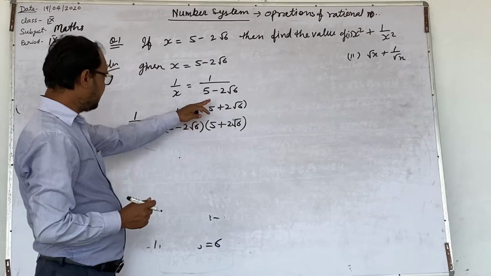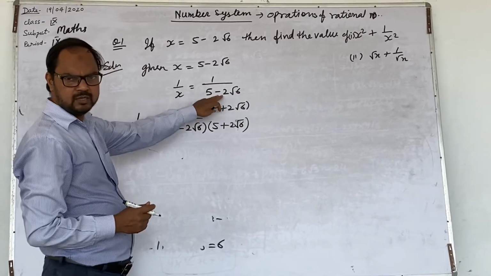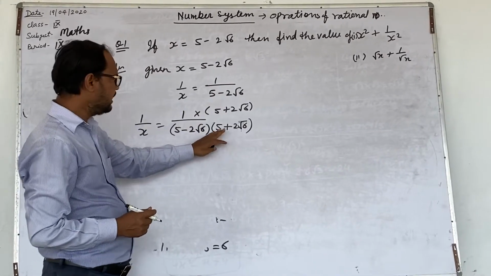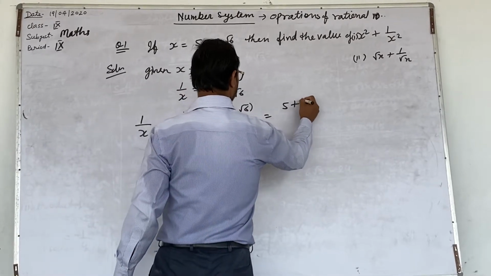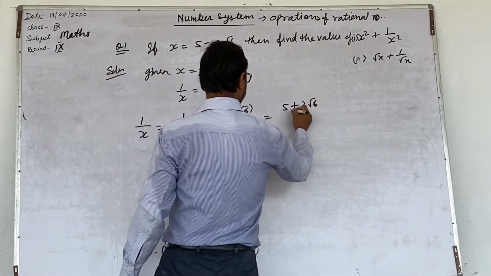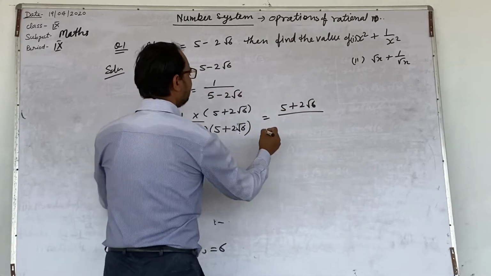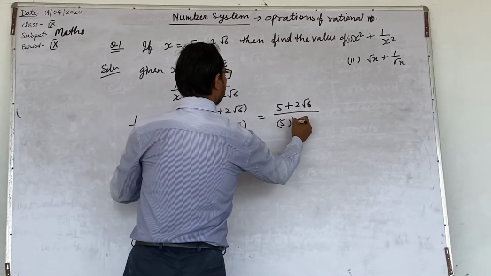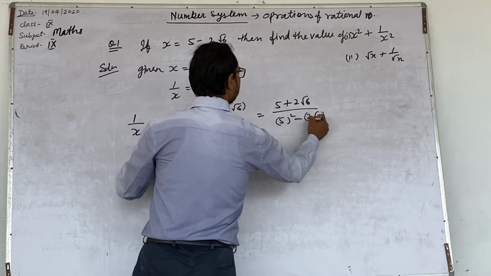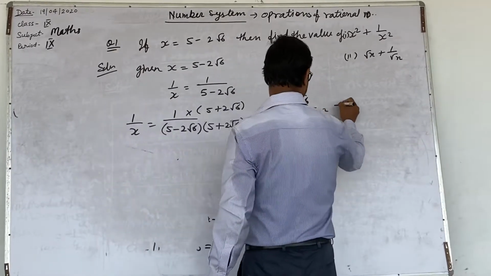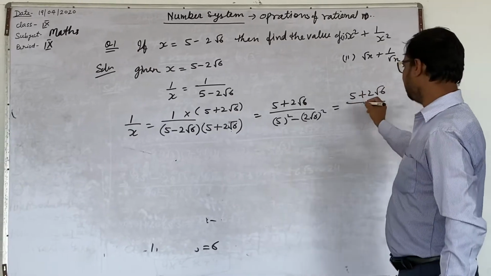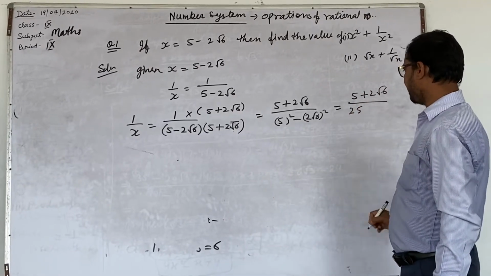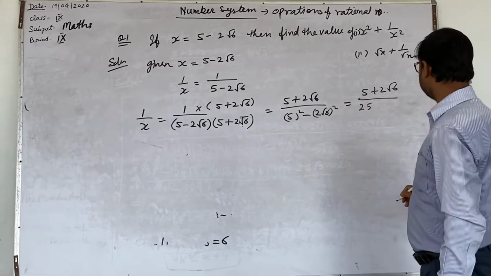Since the denominator becomes irrational, first of all we will rationalize this. You will get in the numerator 5 plus 2 root 6, and the denominator, in the same thing, a square minus b square, that is 25 minus 2 root 6 square.